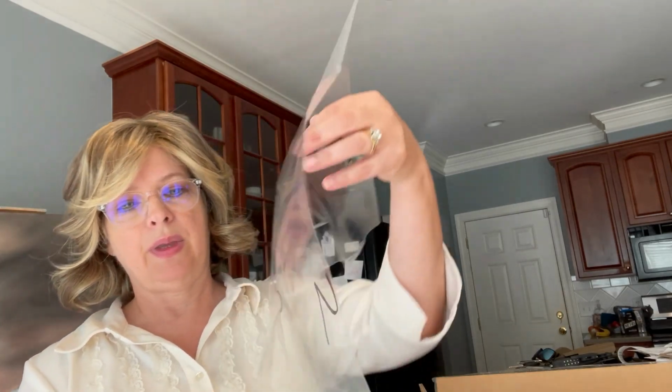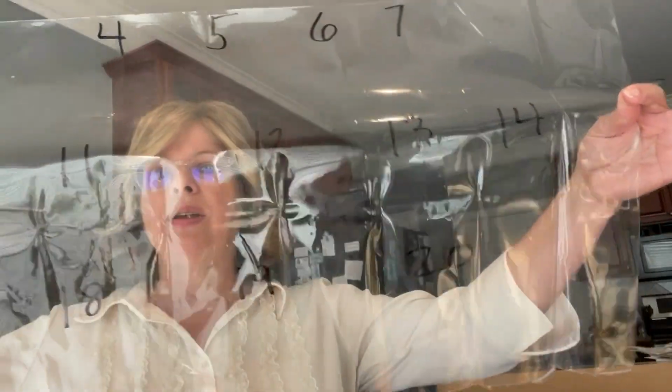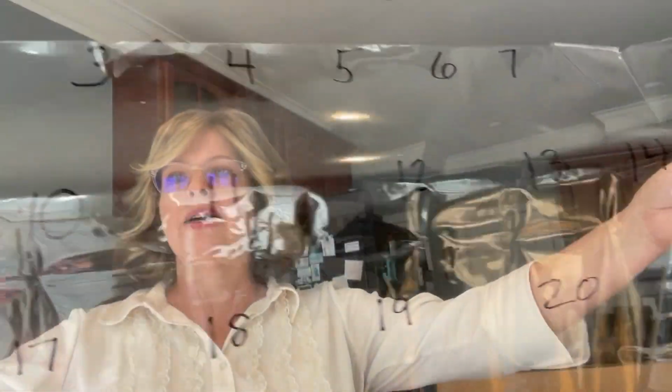Kind of similar to that, I also have this bag that I did numbers to 20, because I have a student that has an IEP goal about adding sums to 20. So all I did was I got a piece of plastic. I think this came from a pillowcase, maybe a sheet set or something. I don't know.